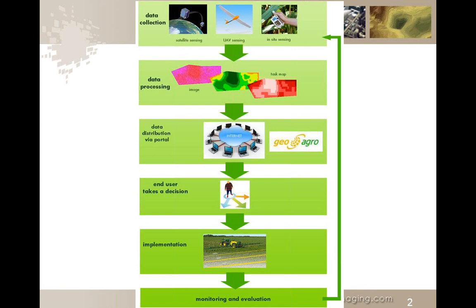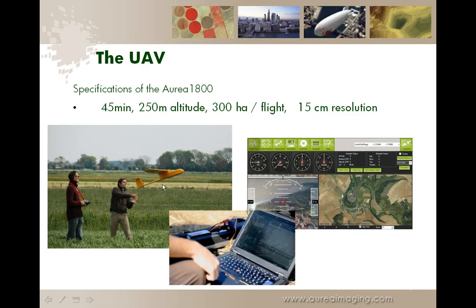Here we have a picture of the vehicle, the yellow one over here. But in fact, we speak not of an unmanned aerial vehicle, but of an unmanned aerial system, because it's not just the plane, it's also the computer with the ground station.